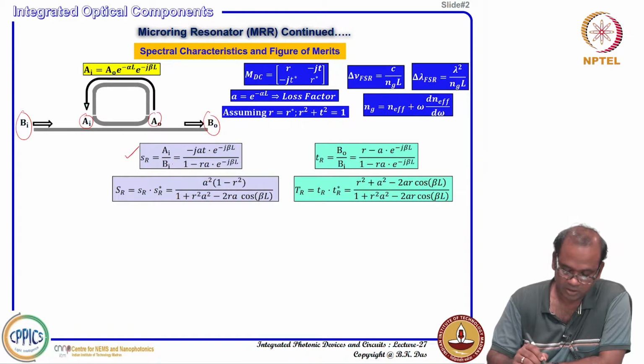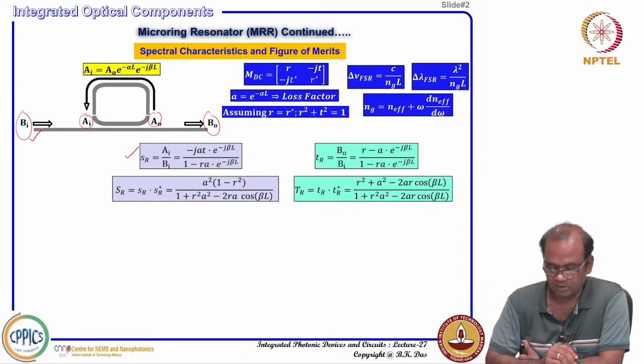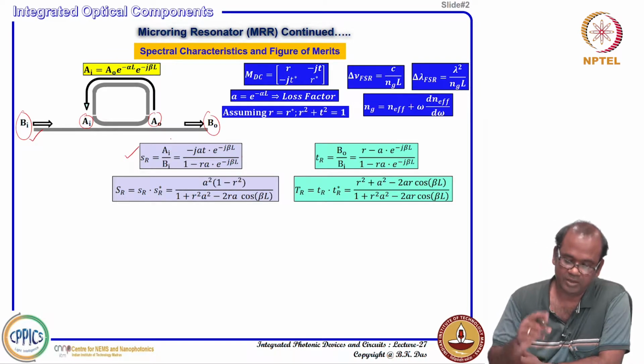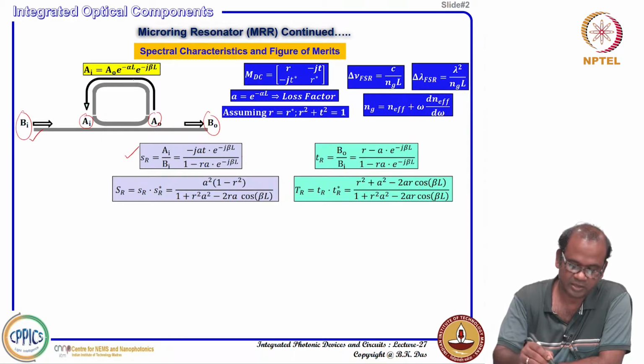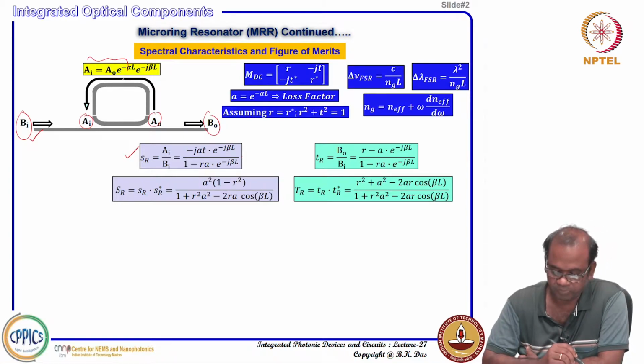One is the field enhancement factor inside the cavity, that is nothing but AI by BI. BI is the field amplitude in the bus waveguide, and AI is the field amplitude inside the ring. It could be A naught also, that does not matter, they are related through this equation.